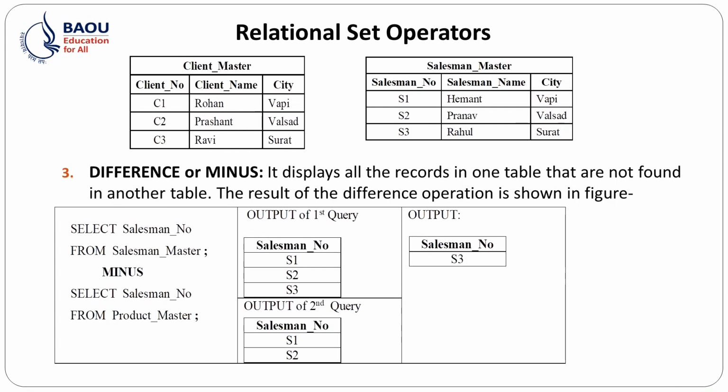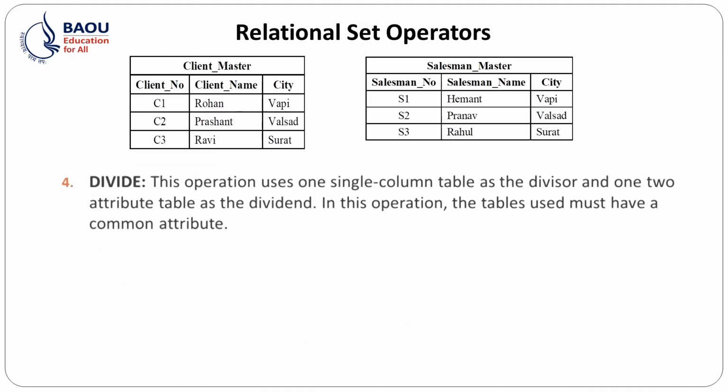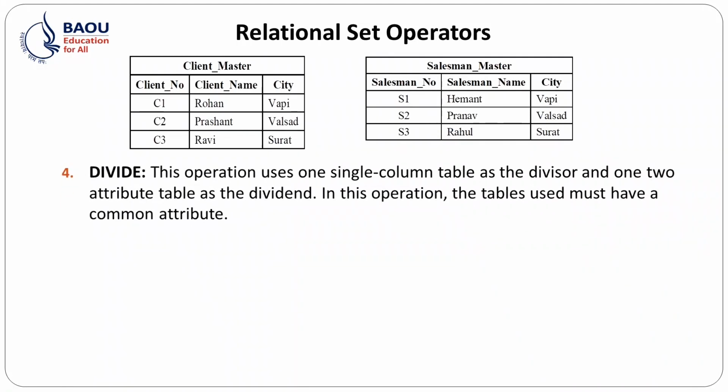The output of query 1 is S1, S2 and S3, and query 2 is S1 and S2. So the difference or minus displays the records not common in both results, and the final output of the difference is S3.